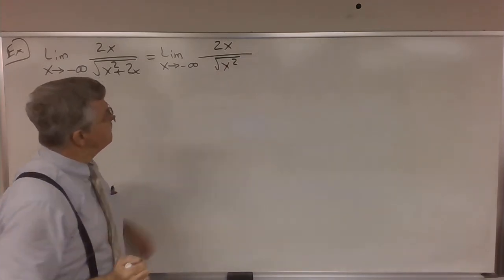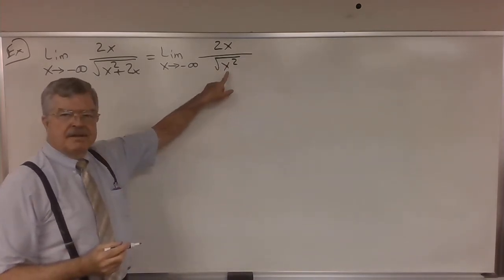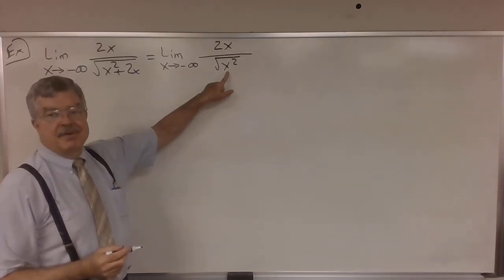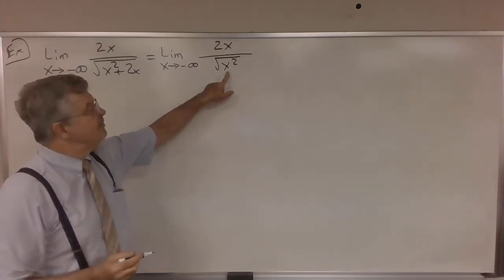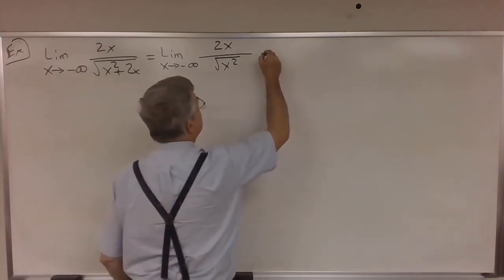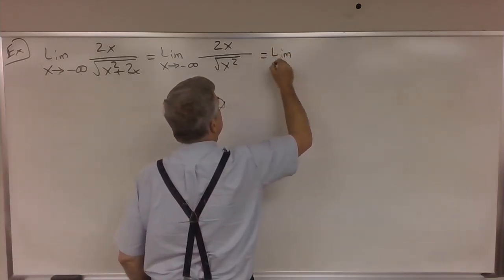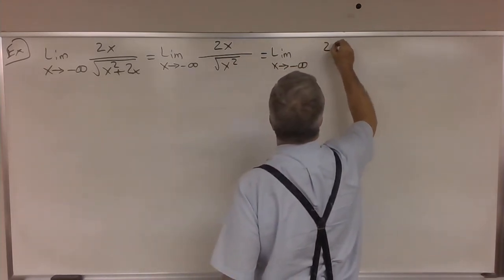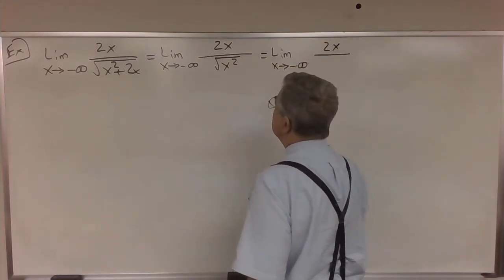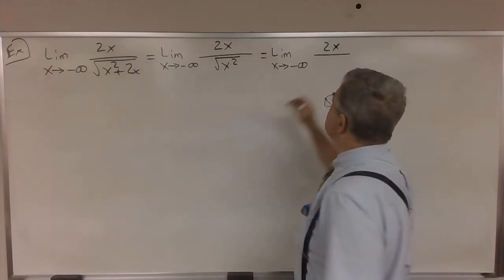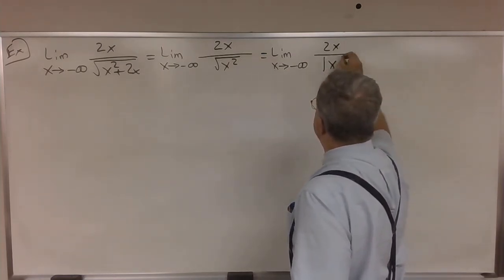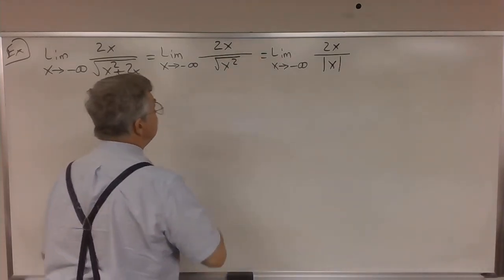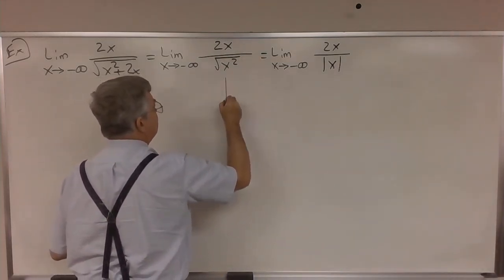Now, does that look familiar? Square root of x squared? Hopefully it does. Square root of x squared is equal to absolute value of x. Okay, so we used the alternate definition.